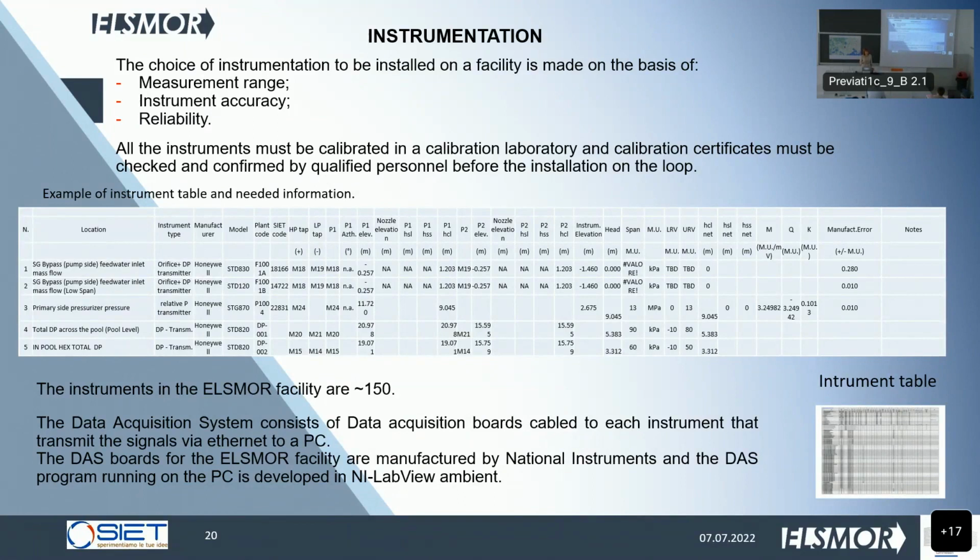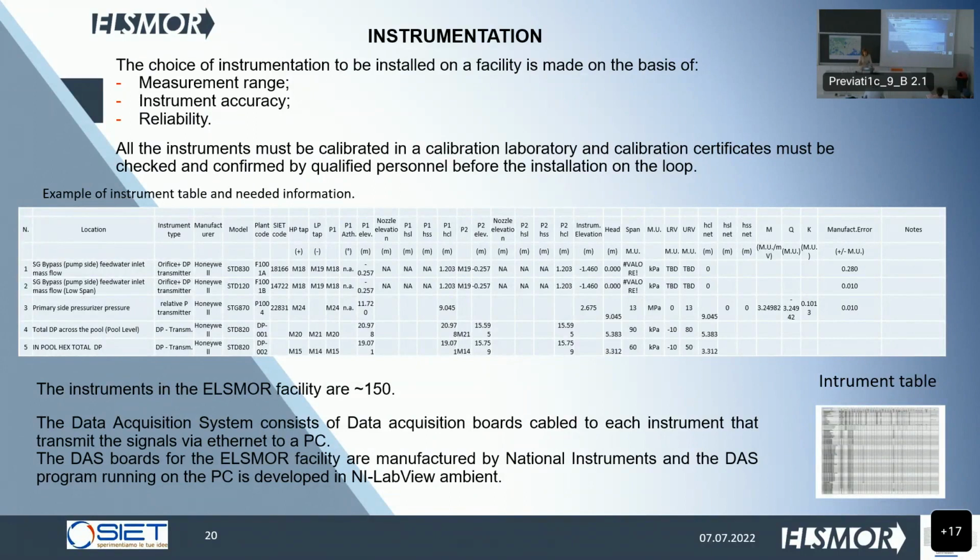Then another parameter to choose an instrument is the instrument accuracy. In general, we look for very accurate instruments, but there is always a balance between cost and needs. And also the reliability of the instruments, because if we do a test and an instrument stops working, we lose the point. So reliability is important.